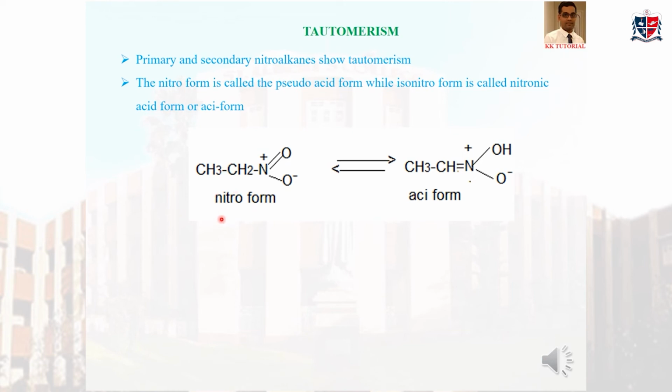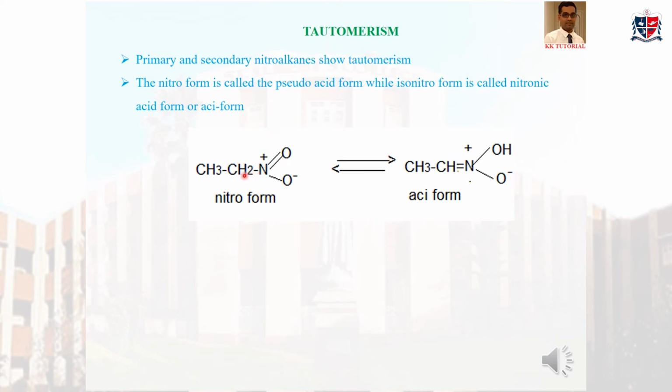We will take this nitro compound as an example. And I wrote primary and secondary nitroalkanes show tautomerism. What does it mean? You see here CH2, it's a primary nitroalkane. One proton from this CH2 group goes.